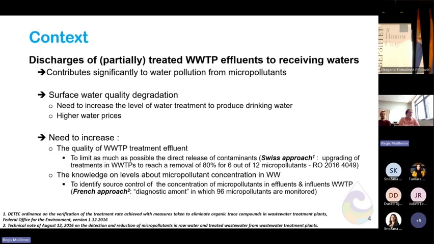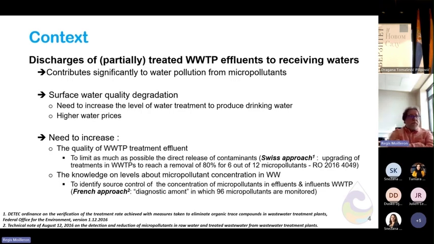The idea is to upgrade treatment in wastewater treatment plants to reach a removal of at least 80% for 6 compounds out of 12 micropollutants. This is an ordinance from 2016. Or there is another possible approach, which is knowledge of the level of micropollutant concentration in wastewater.